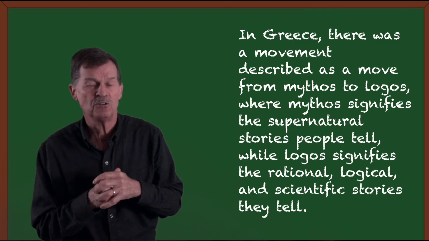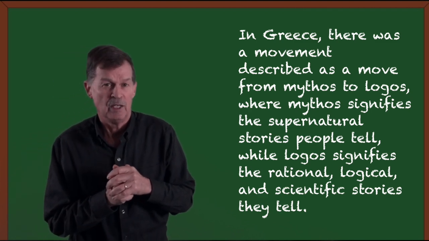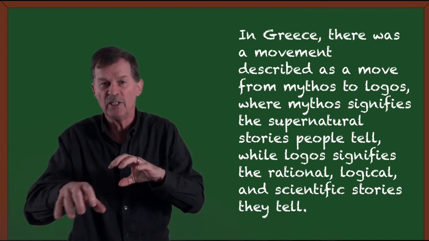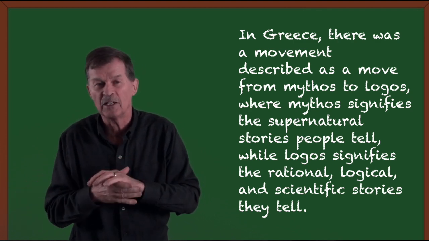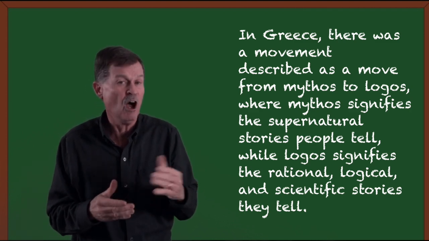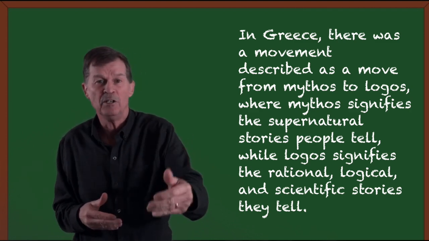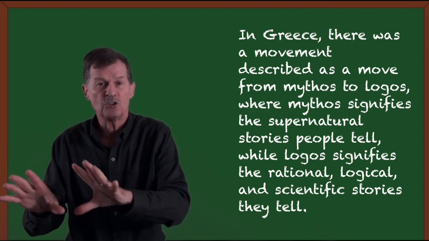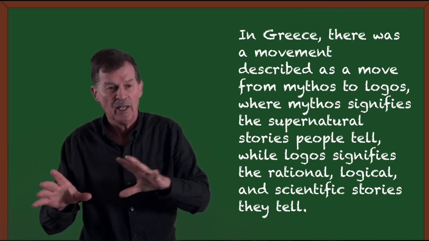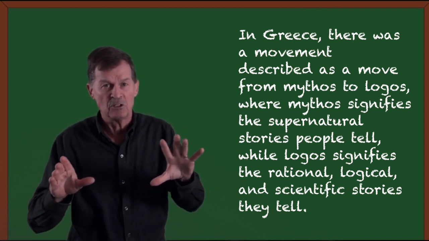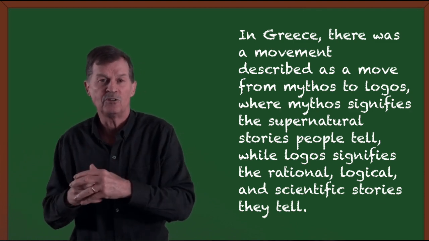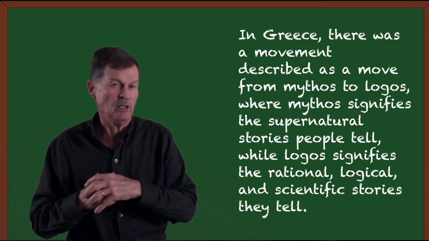So mythos and logos. And eventually the mythos was driven out of generally acceptable ways of generating knowledge or passing on knowledge, and logos took its place. So logos became known as logic, as human reasoning, which came to mean the only source of reliable knowledge.